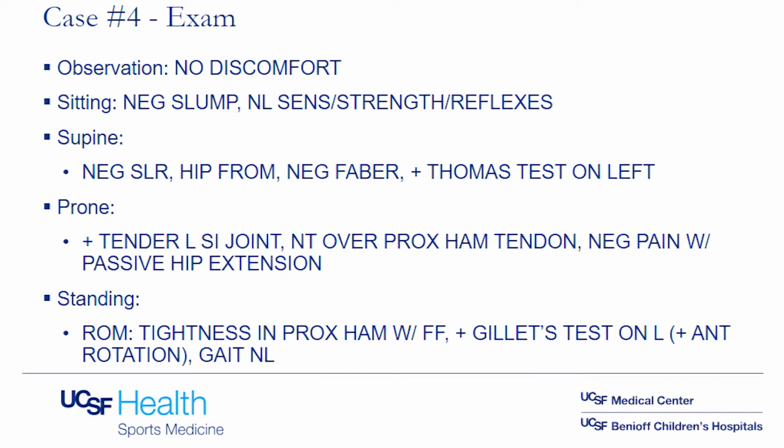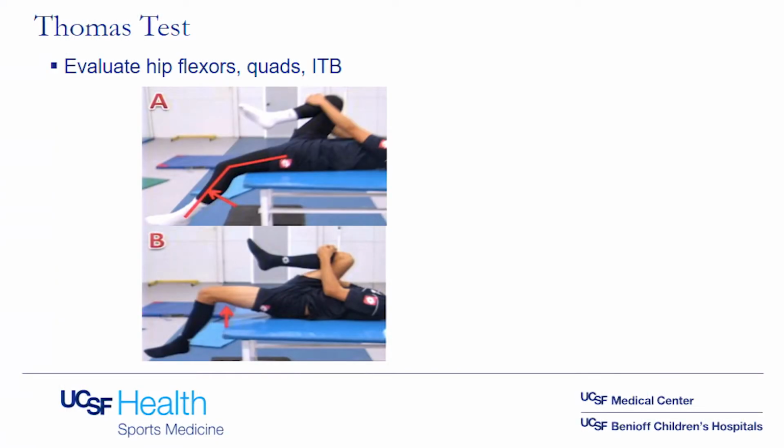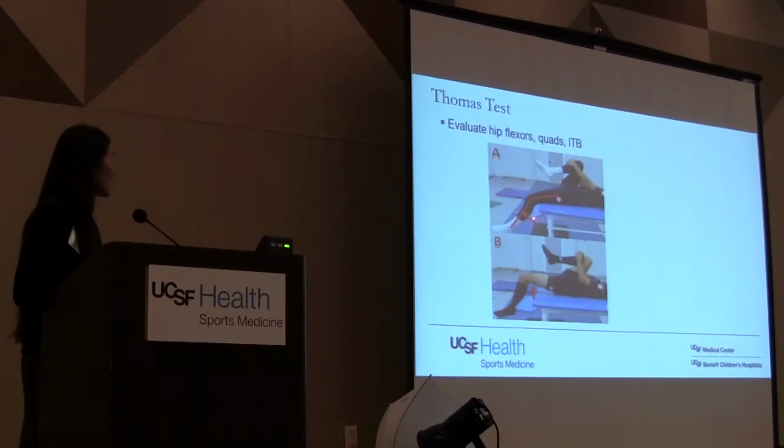Gait is normal. Okay. This is the Thomas test. This is one of the easiest things that I do with all of my patients. I have them come down to the end of a table. I usually have them come down even further than this diagram depicts, and I have them pull their knee up to their chest, make sure their back is flat to the bed, not arched but flat, and then I see whether or not their hip flexor is level with the table and the angle here of their knee.